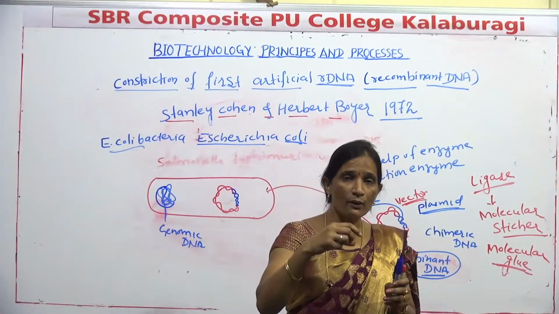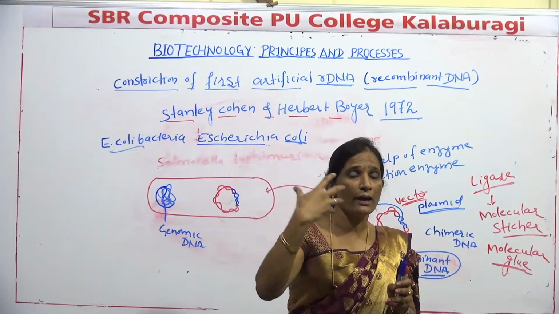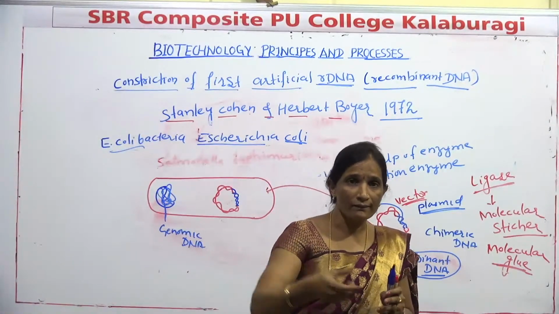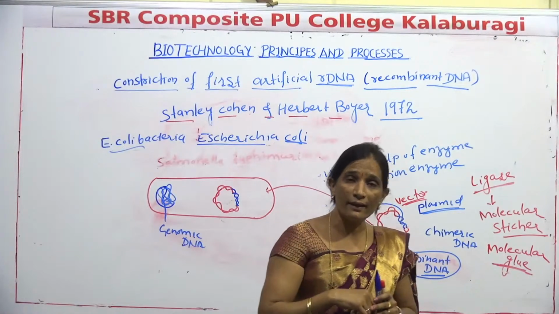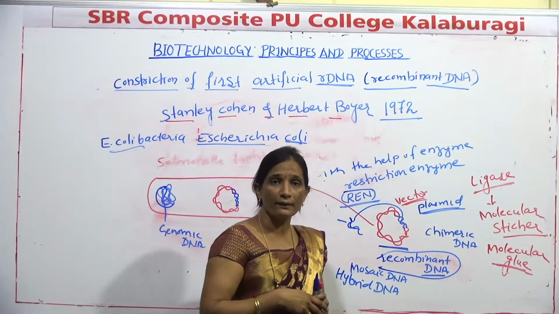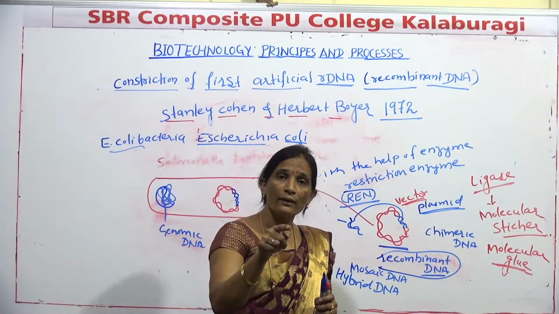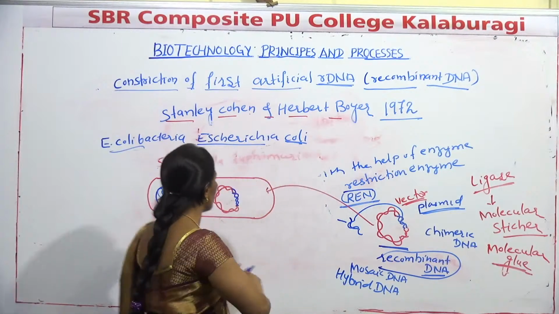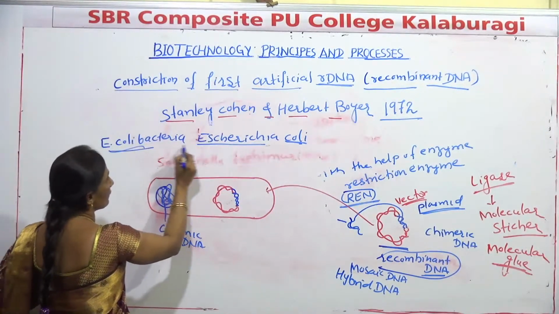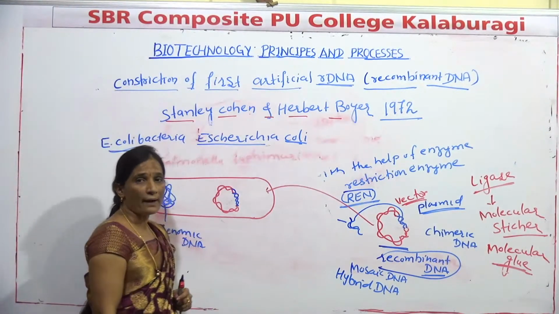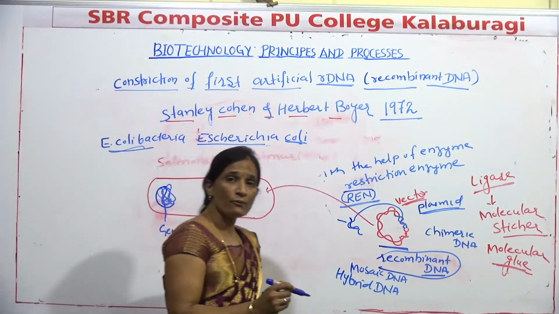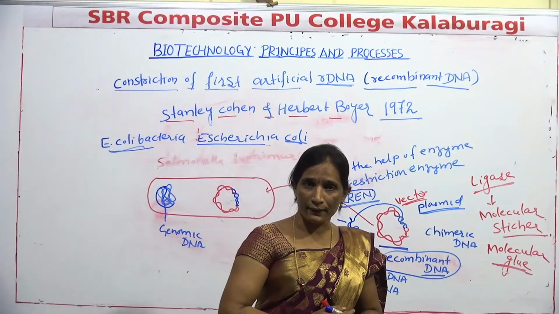When it is introduced into the vector with the help of the enzyme ligase, that DNA is called as what? Recombinant DNA, and that recombinant DNA is introduced into the E. coli bacteria.